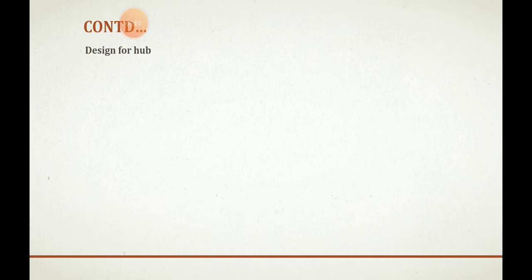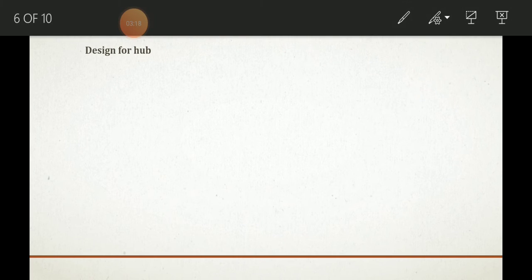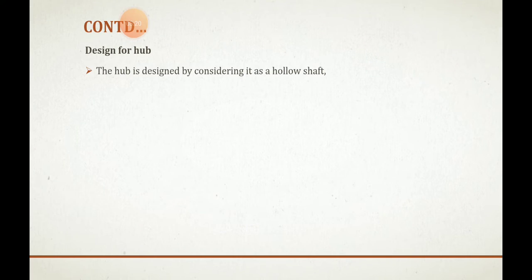Now first we have to design the hub. What does hub mean? The hub is the part where we are going to assemble our shaft. Usually the diameter of the hub is equal to the diameter of the shaft. Actually, it is equal, no need to assume. The hub is designed by considering it as a hollow shaft.